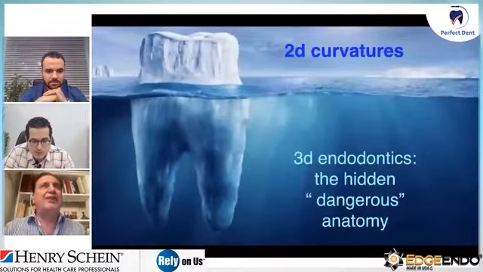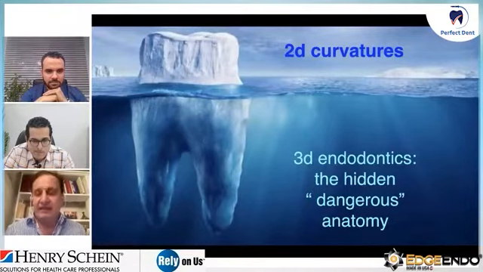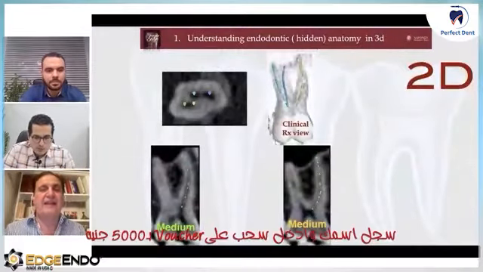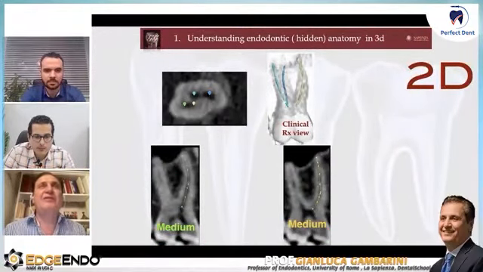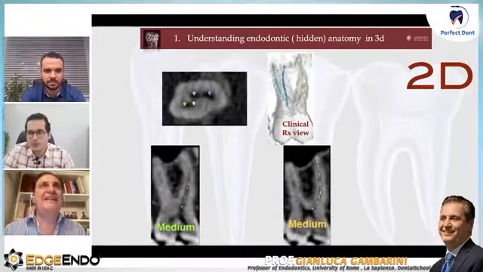So we have curvature that we see, but also a lot of curvature that we do not see. This is the reason why we have to think about why things sometimes do not go as smoothly as we expect.